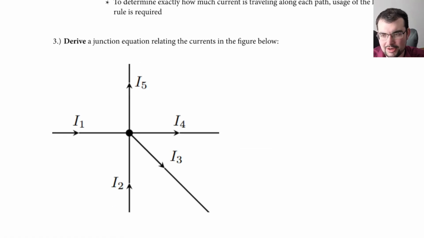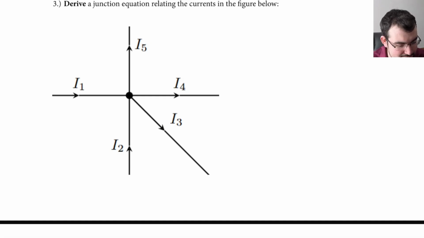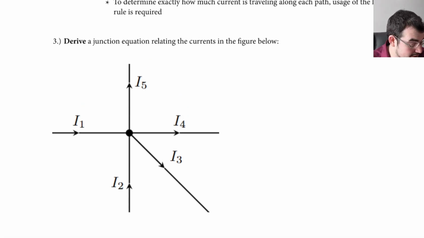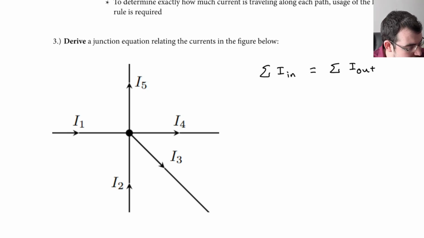So here's a rather contrived example where we want to set up a junction equation. We have 5 currents here. What the junction rule says is that the sum of the currents into the junction must equal the sum of the currents out. So maybe let's label these as in or out. Again, a junction is the point where paths meet and branch off.